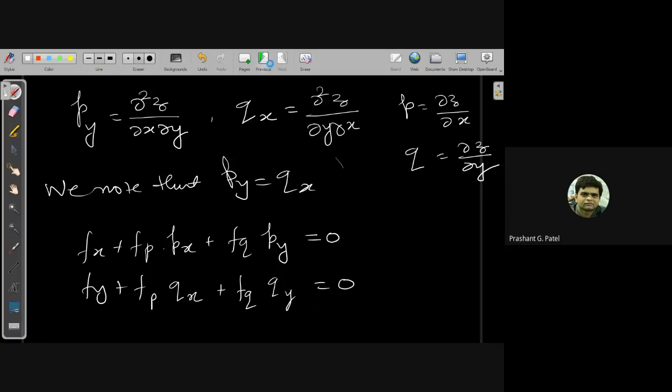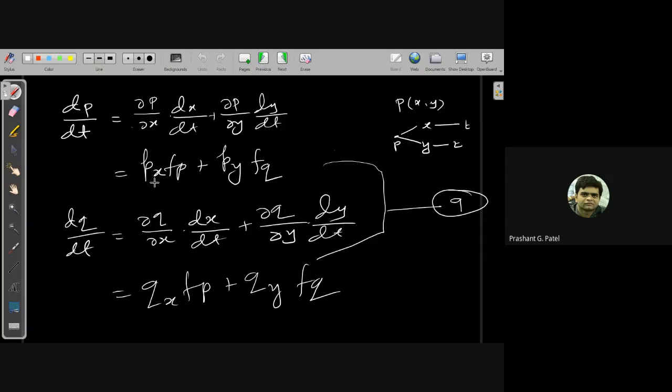And observe what is equation number 9 we have: it is px fp plus py fq.